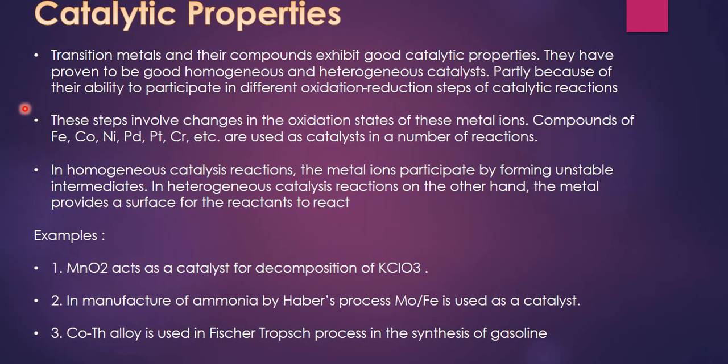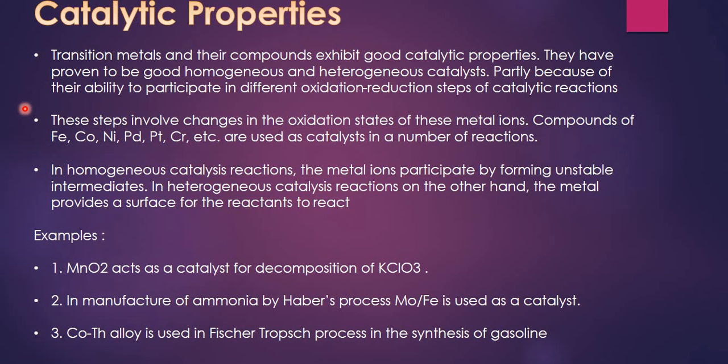Now catalytic properties. Transition metals and their compounds exhibit good catalytic properties. They are proven to be good homogeneous and heterogeneous catalysts, partly because of their ability to participate in different redox reactions in catalytic activity.